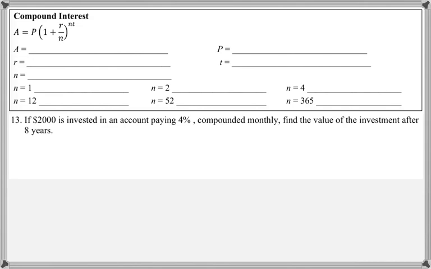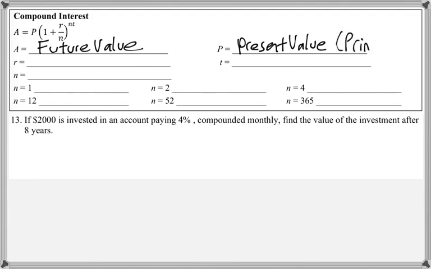So we have a formula, and I want to define our variables. So A is the future value, P is the present value, and like we talked about, that is called the principal. And that principal is also your pal.